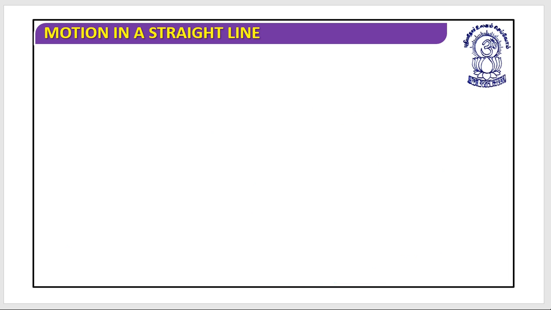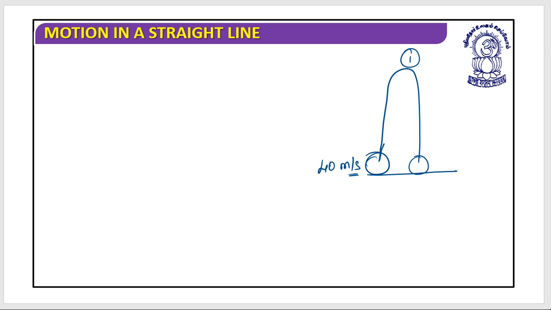That means, let's say this is the first situation. In this, the object has been released with, let's say, 40 meter per second. And this is the second situation where it has been released with 80 meter per second.